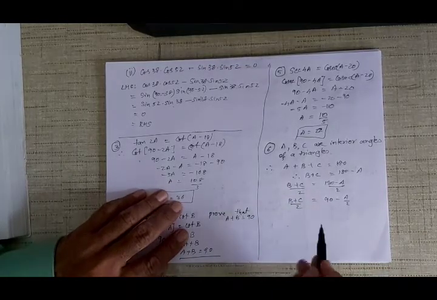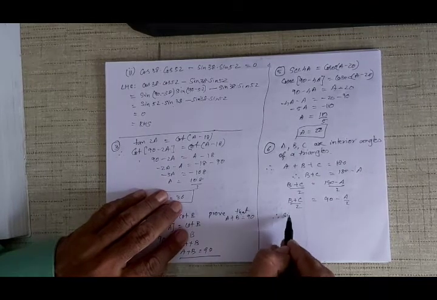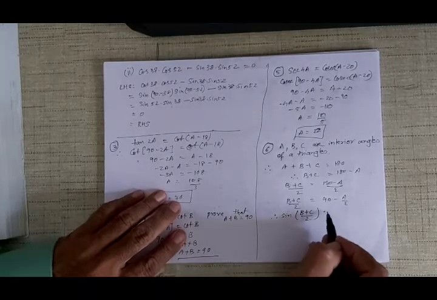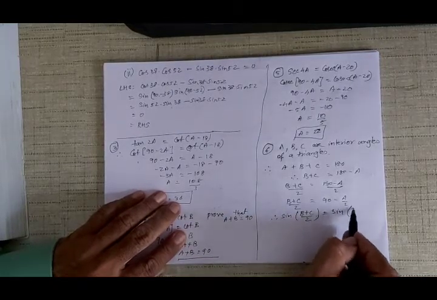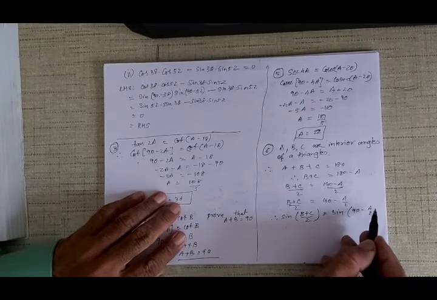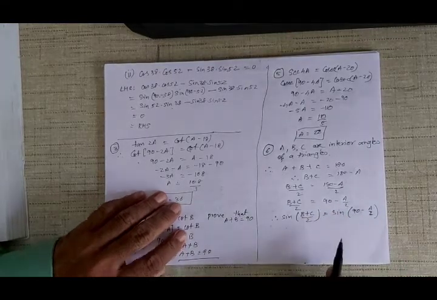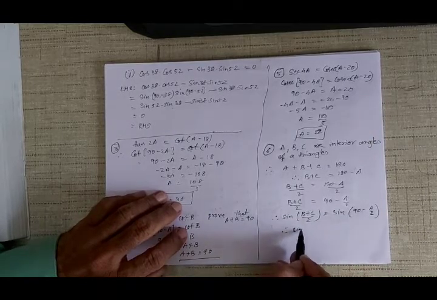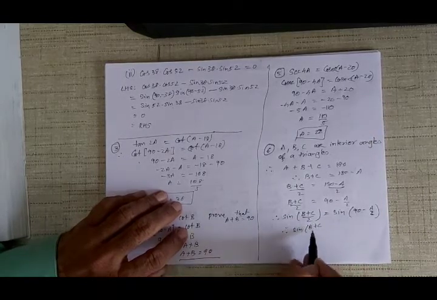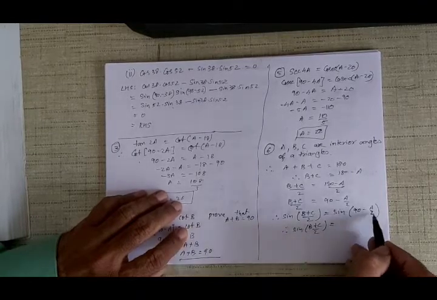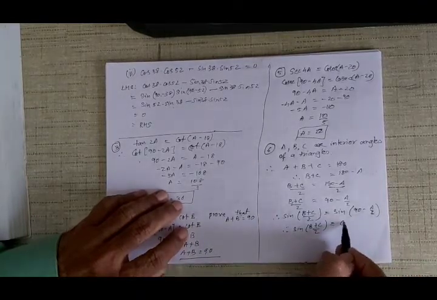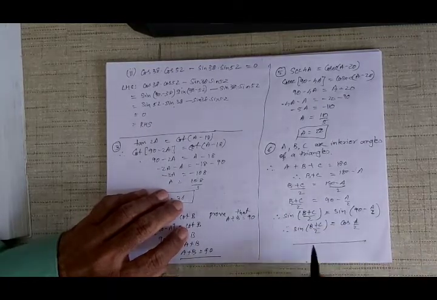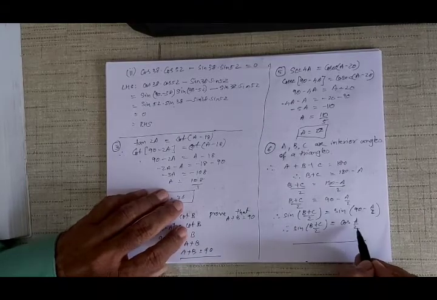Now if I take sine on both sides, sine (B plus C)/2 is equal to sine (90 minus A/2). Now sine (90 minus theta) is cos theta. So it is equal to cos A by 2. And that is what you have to prove. Prove that sine (B plus C)/2 is equal to cos A/2.